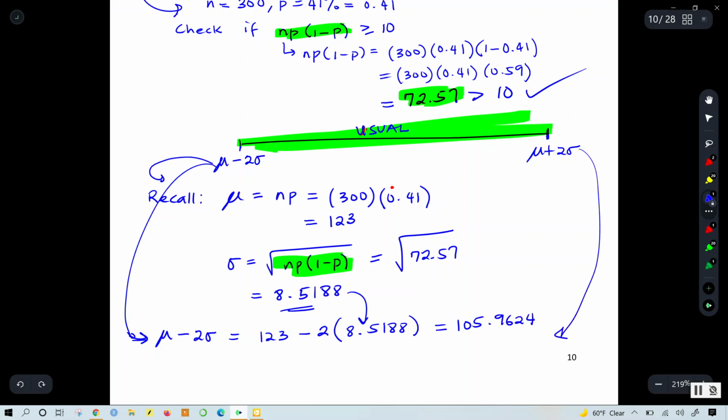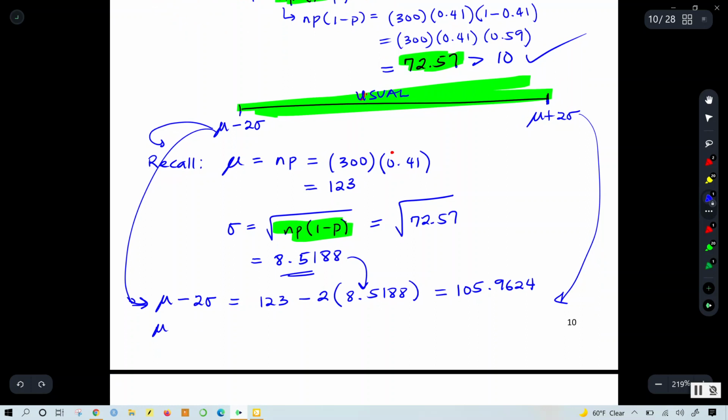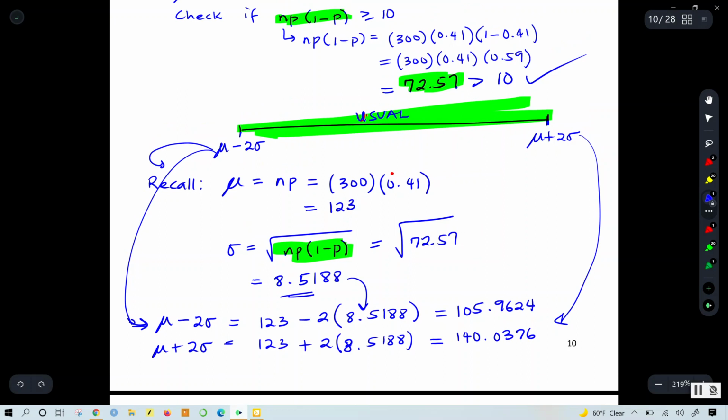And for the upper bound, that is mean plus 2 standard deviations, that will be 123 plus 2 multiplied by 8.5188, and that gives 140.0376. So any number in the range between 105.96 and 140.04 will be considered a usual observation.